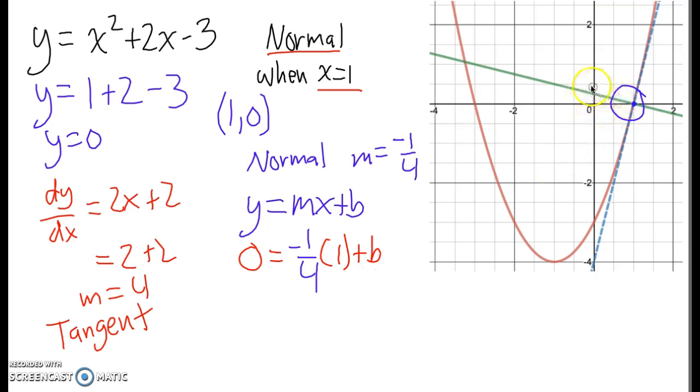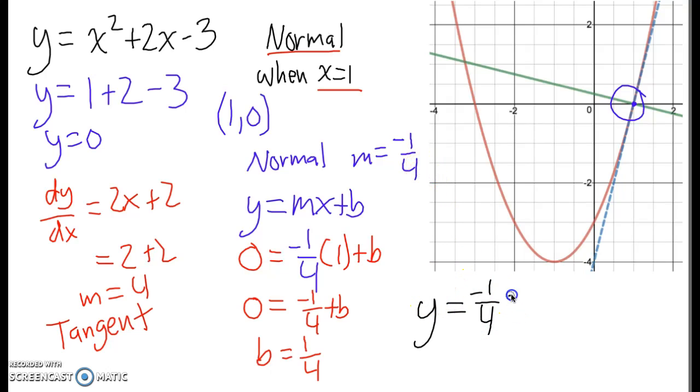I can tell here from the graph, this is the great advantage of being able to graph these first, I can tell here that it's going to be less than 1, and we're going to see exactly where it is. 0 equals negative 1/4 plus b, so b equals positive 1/4, because we're adding 1/4 to each side, which means that the equation of my normal will be y equals negative 1/4 x plus 1/4.